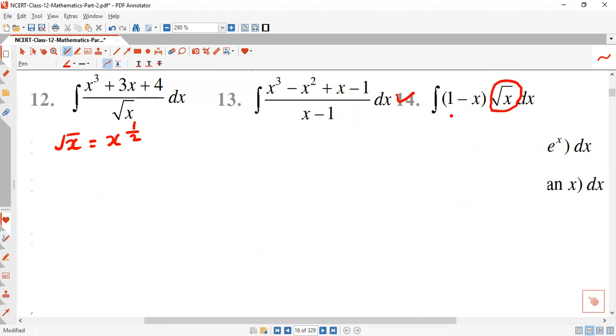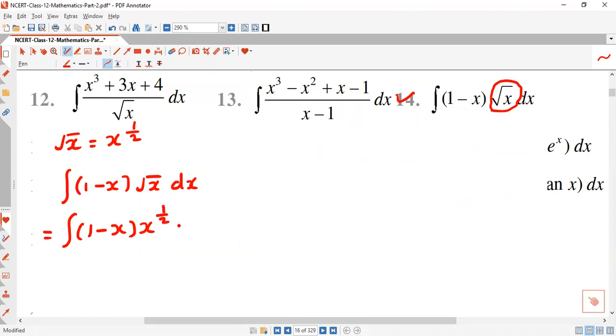So we put this in the integration. Integration of 1 minus x root x dx can be written as the integral of 1 minus x raised to half dx. This can be written, opening the bracket, as integration of x raised to half dx minus integration of x into x raised to half dx.